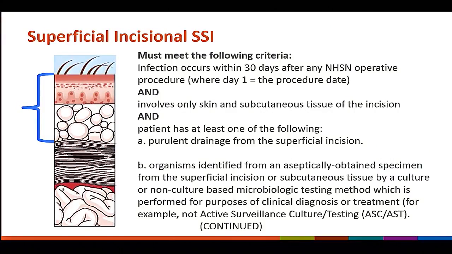So what is a superficial incisional SSI? A superficial incisional SSI is an infection that occurs within 30 days after any NHSN operative procedure, where day 1 is the procedure date.